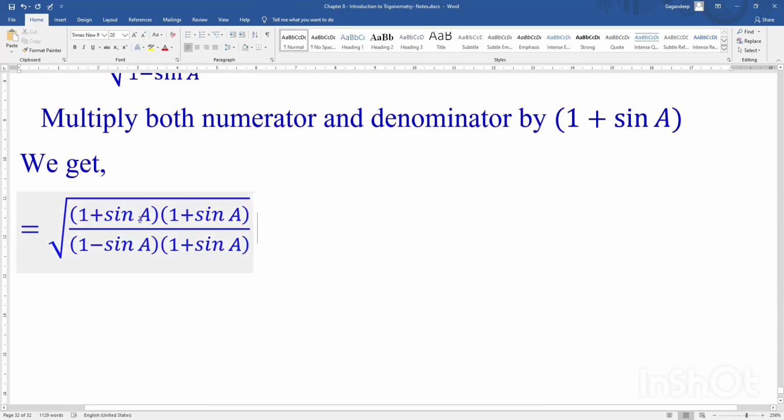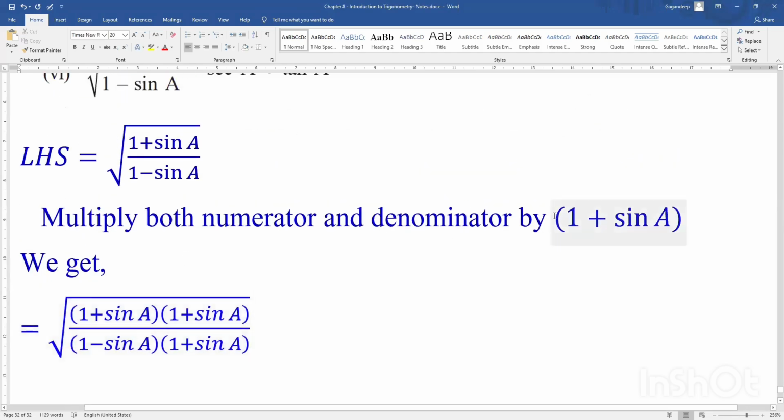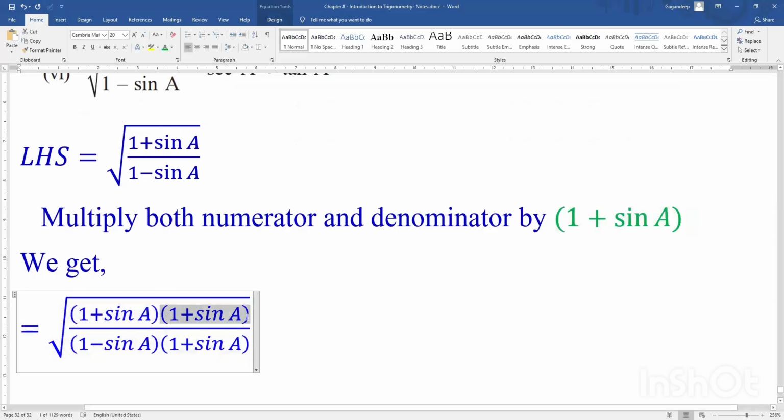So we have 1 plus sine A by 1 minus sine A, and what we multiplied is 1 plus sine A, which I'm going to highlight with green color. This is what we have multiplied in both numerator and denominator. If we cancel it, we get back the previous expression.